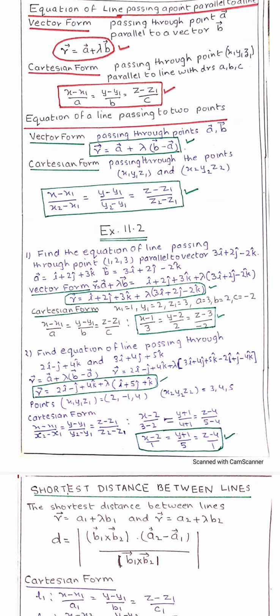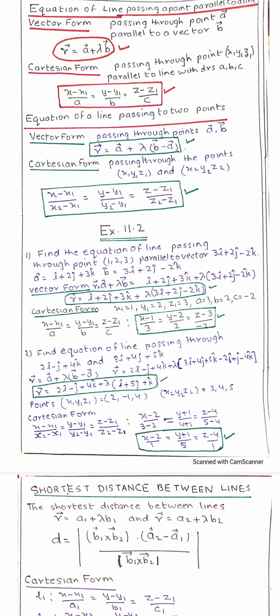Find the equation of a line passing through the point (1, 2, 3) and parallel to the vector 3i plus 2j minus 2k. a is i plus 2j plus 3k. b we consider 3i plus 2j minus 2k. We are expressing the points in vector form. The vector representation: r is equal to vector a plus lambda vector b, that is equal to i plus 2j plus 3k plus lambda times (3i plus 2j minus 2k).